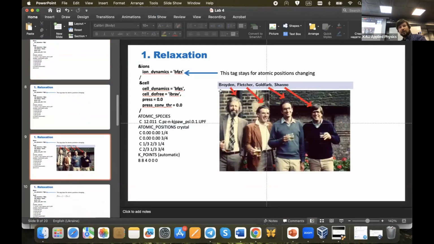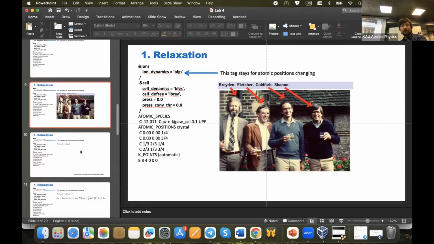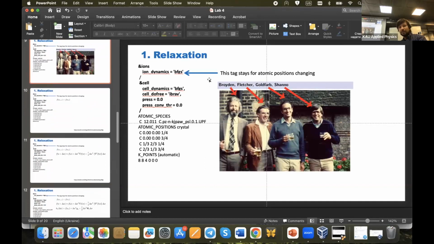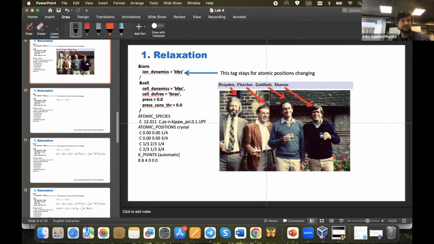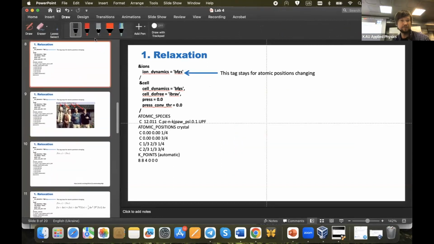It was named for these four mathematicians, Broyden, Fletcher, Goldfarb, Shanno. It is a very popular algorithm, and I will try to explain it shortly. It's a quasi-Newton algorithm. It works in the same way. I can also draw it here.